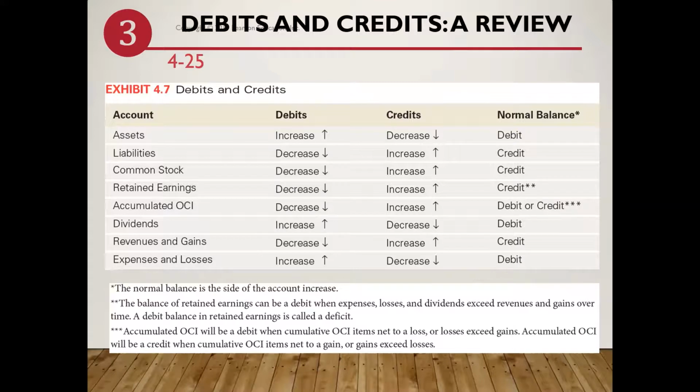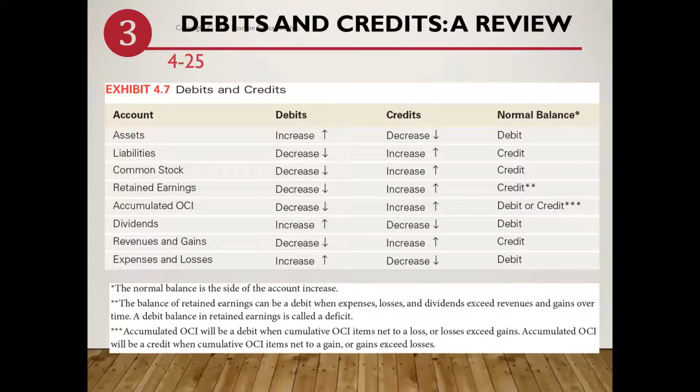In general, liabilities and stockholders' equity increase with a credit and decrease with a debit. When a company purchases inventory on account, it credits accounts payable to reflect an increase in a liability.